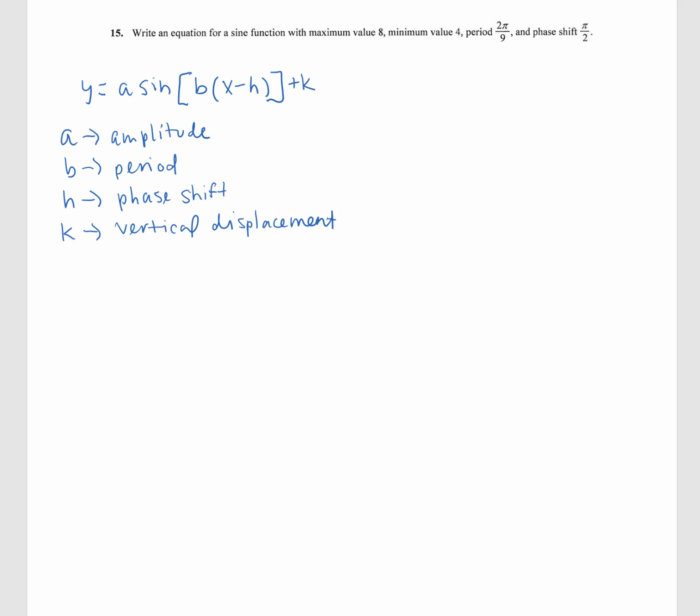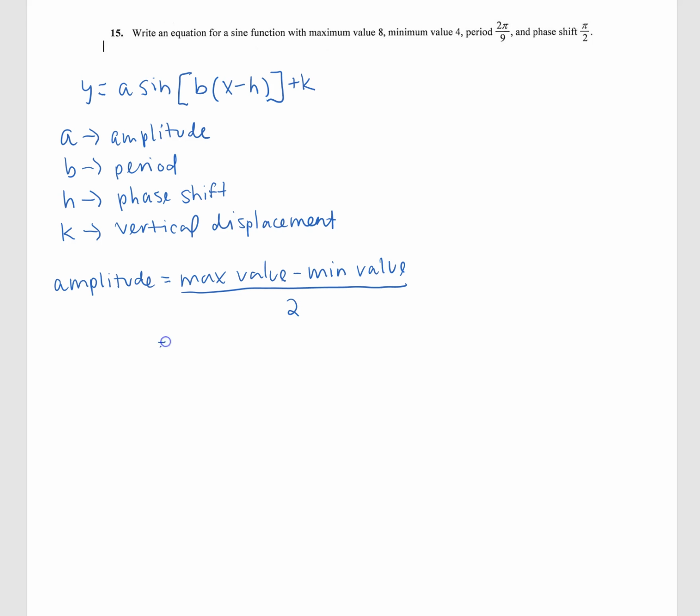Okay, so we can figure out the amplitude of our function, because the amplitude is equal to the max value minus the minimum value, over 2, because the amplitude is the distance between the center line of our sine function and either the max or the min.